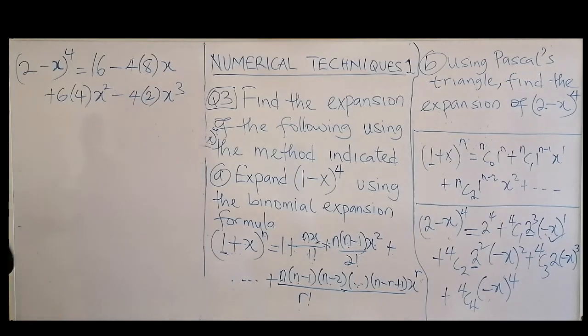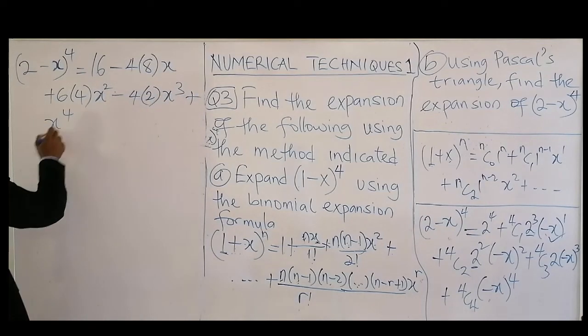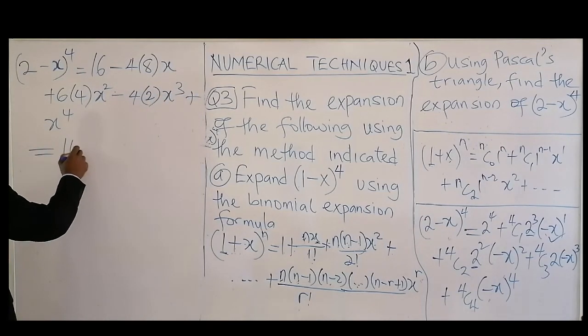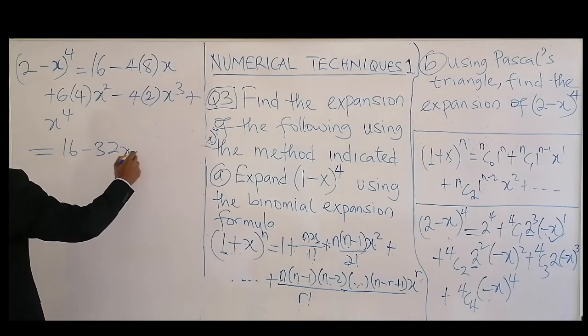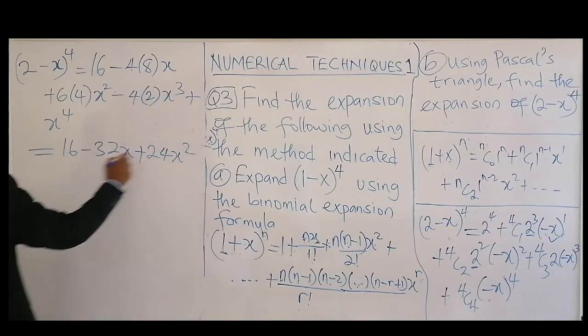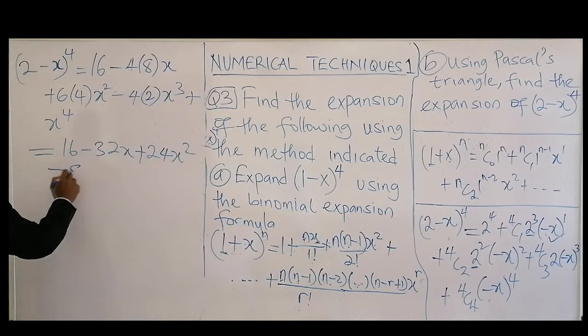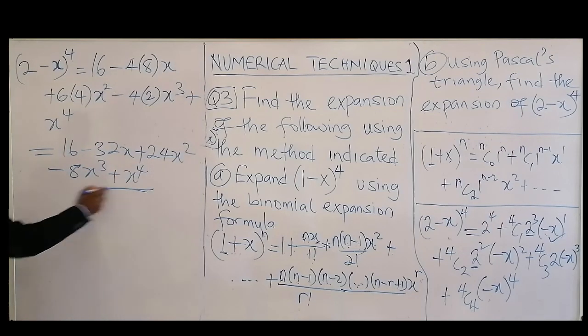And finally, 4 combination 4 is 1, and then 1 times minus x to power 4, that's plus 1, x to the power 4. So finally, this will give us 16 minus 4 times 2, that's 32x, plus 6 times 4, 24x squared, minus 4 times 2, that's 8x cubed, plus 1, x to the power 4. And that's that for that question.